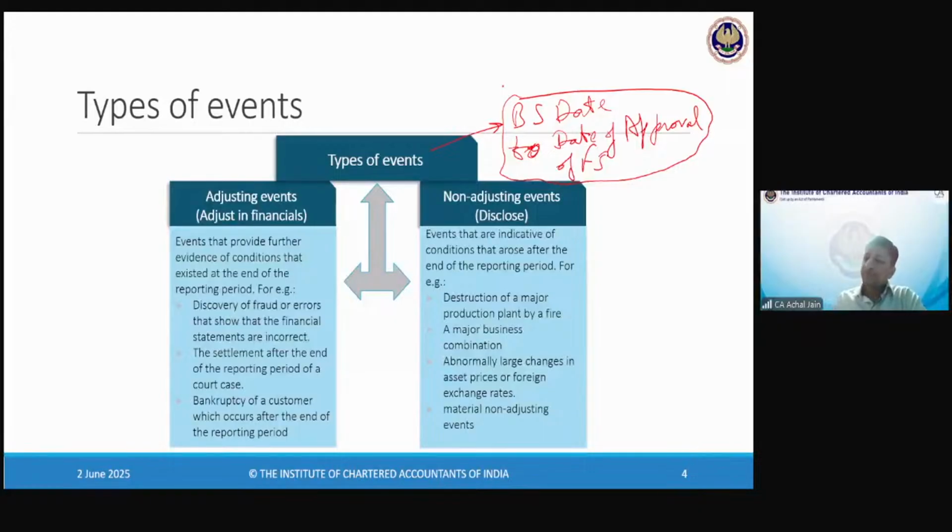Now, during this period, the events that will occur need to be divided into two categories, or you can say those could be of two types. One that you call adjusting event. Second is non-adjusting event. Now, what is the meaning of adjusting events?